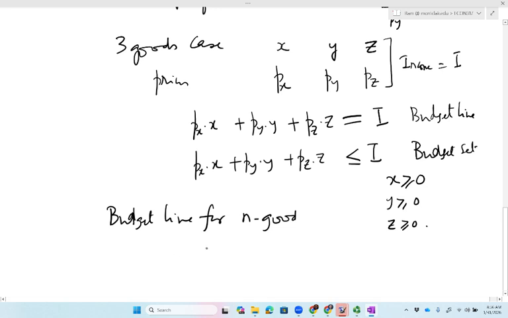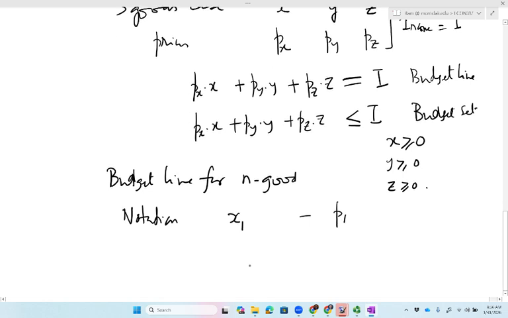So I will have now the notation I want to change because it could be more than 26, so alphabets will not be useful. So let's say good 1 I will call x1, its price p1. Good 2 I will call x2, price p2.